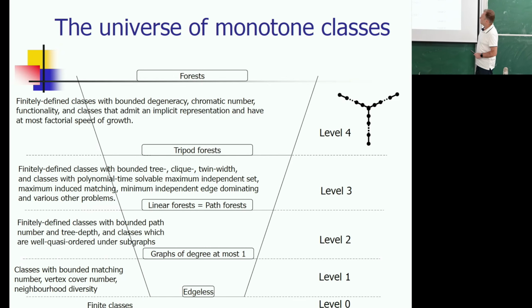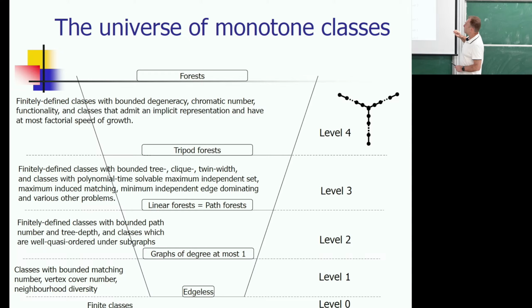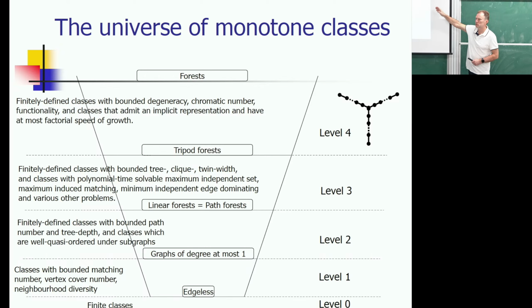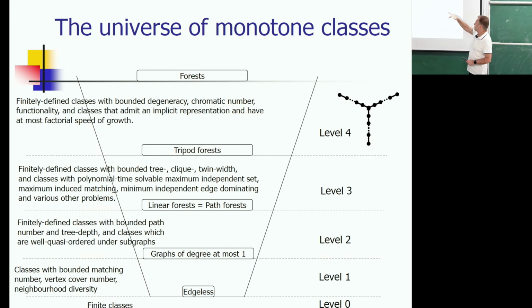It consists of classes, finitely defined monotone classes, with bounded tree, clique, or twin width, and where many algorithmic problems such as maximum independent set, maximum induced matching, and many other problems are polynomial time solvable. And the critical class here is the class of so-called tripod forests.